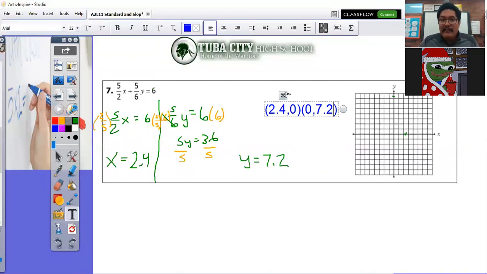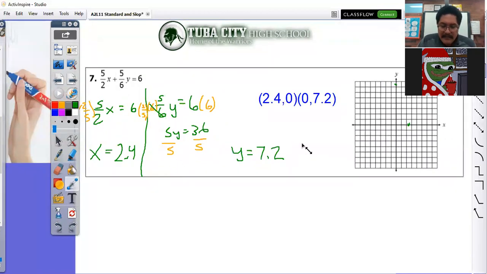Because remember what we did is we plugged in 0 for either x or y and then solved. So it's still a function, just like we did yesterday with inputs and outputs. If I put in 2.4 into this equation, I get 0. If I put in 0 into the equation, I get out 7.2.